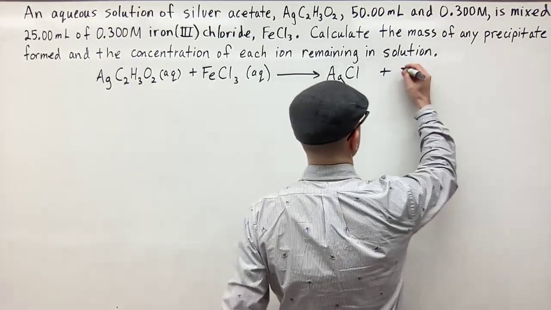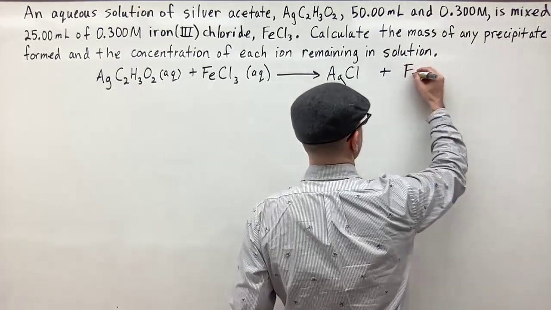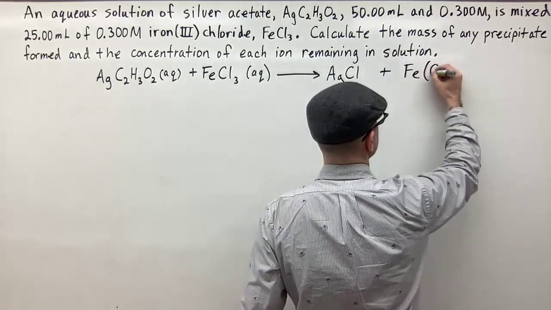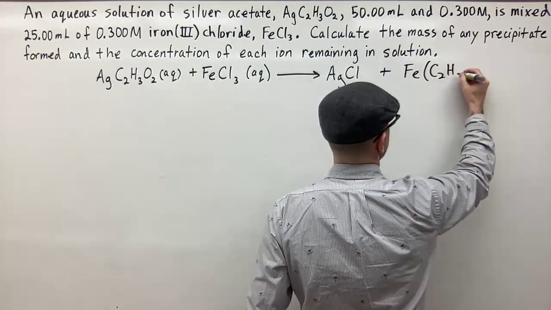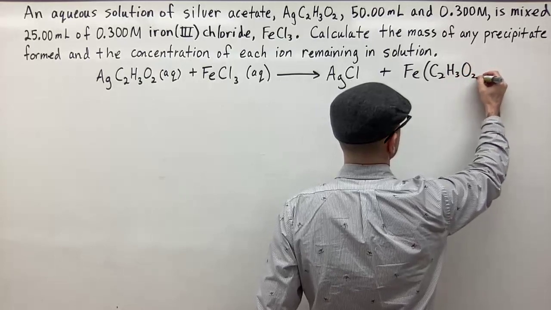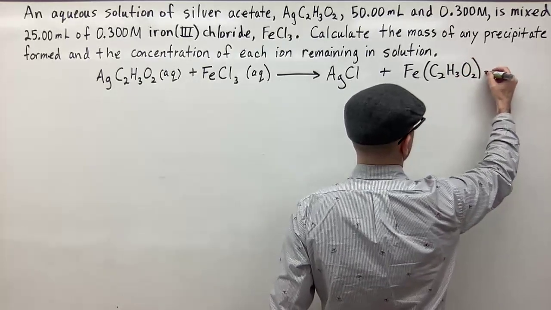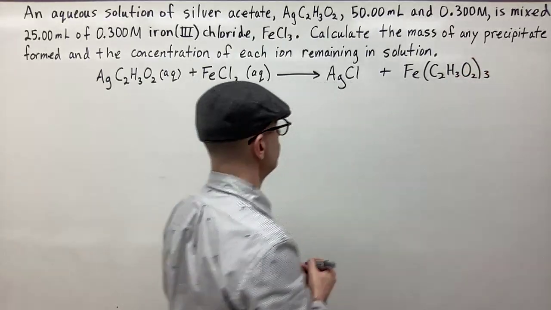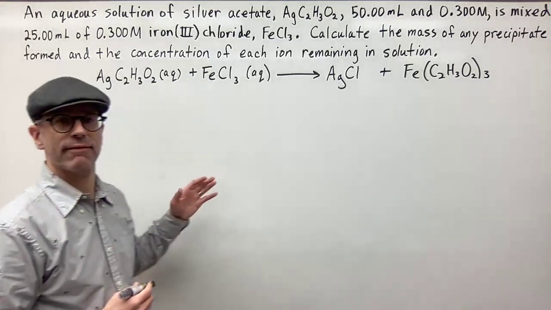So when we write the formula, it'll be Fe(C2H3O2)3, with a 3 on the outside. Now we have our formulas.